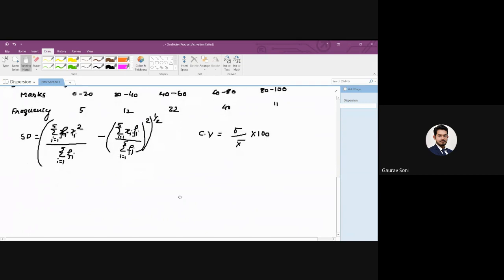So let's start with the example. So we have marks 0 to 20, then 20 to 40, 40 to 60, 60 to 80, and then 80 to 100.